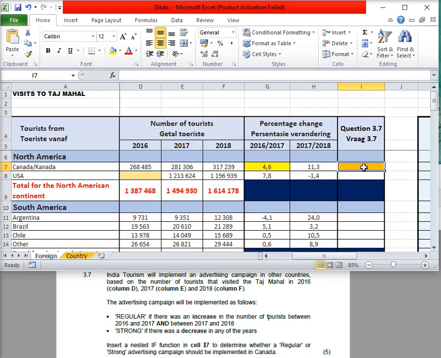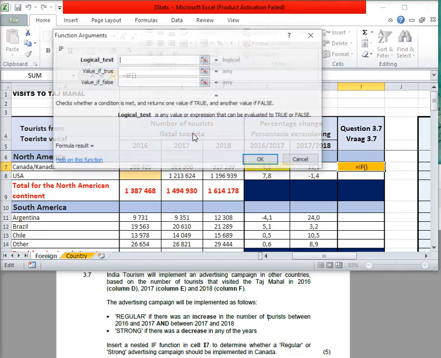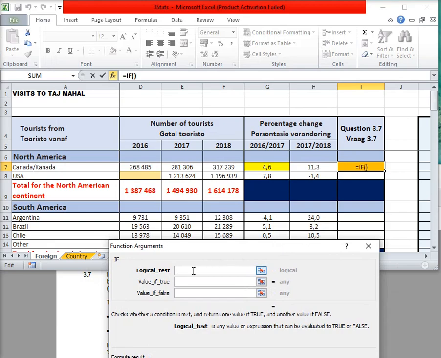So let's think about our if function. If, and then we can go to f of x, which is probably the best way of doing it. Let's move it and have a look. So we're saying, first of all, the logical test is this cell. Now, I'm not going to do greater than, because if I know it's greater than, that doesn't tell me anything. But if I say it's less than 0, then I know that that cell has gone down.